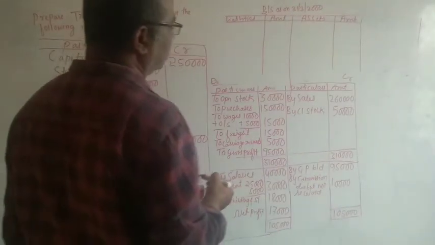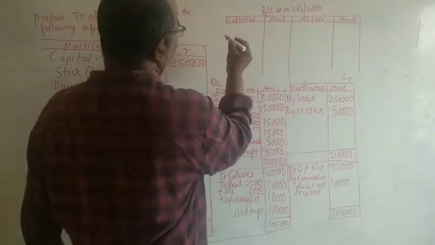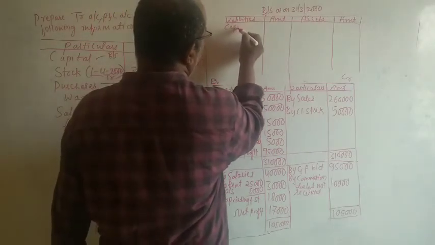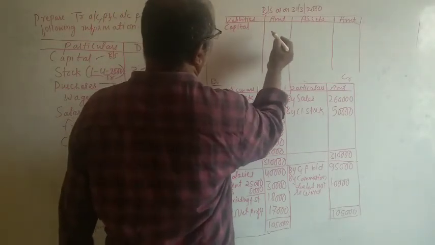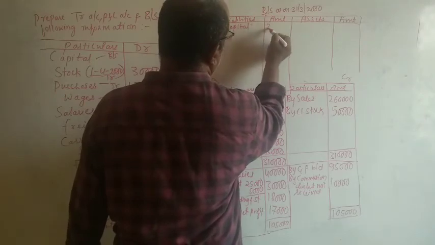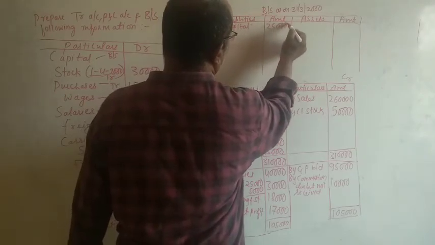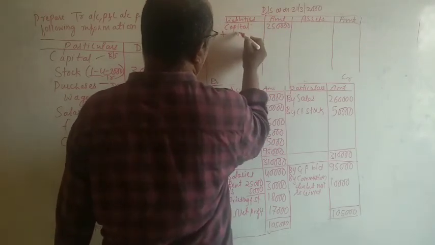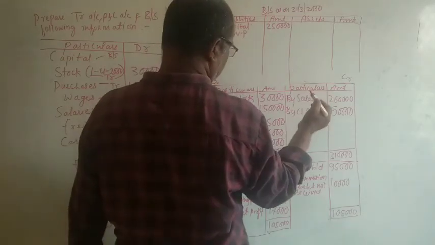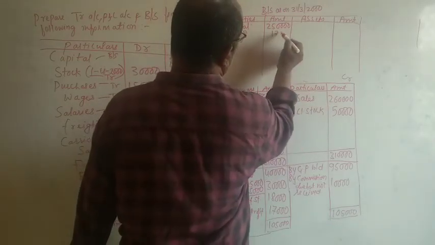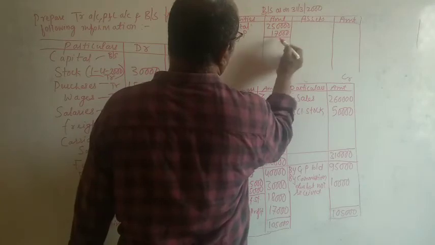On the liability side, first you are supposed to consider capital. Capital is 2,50,000 plus net profit 17,000, that is 2,67,000.